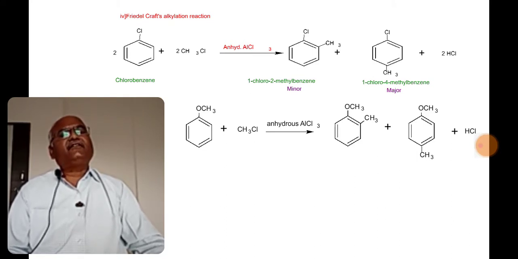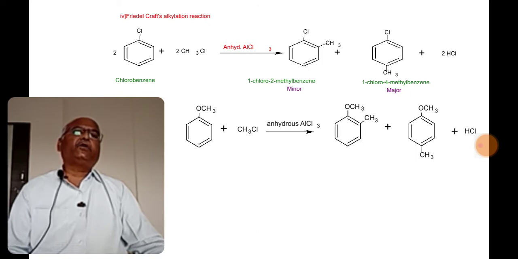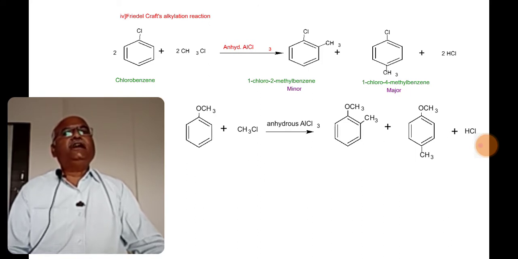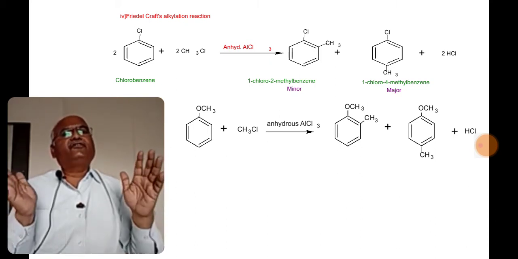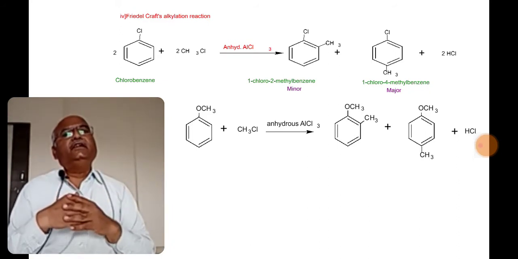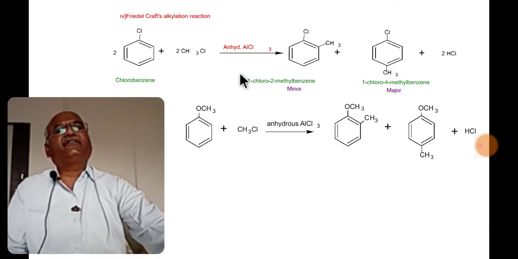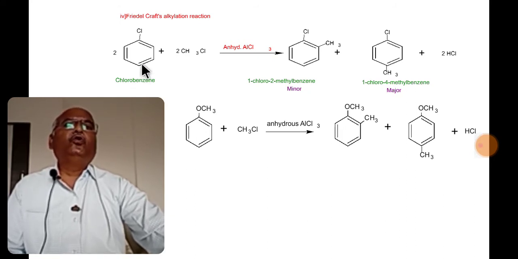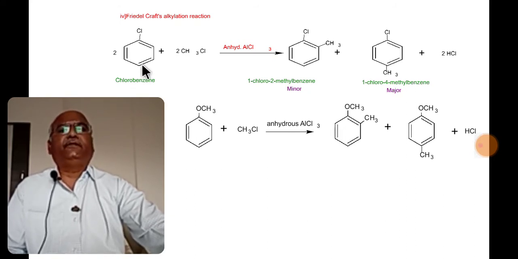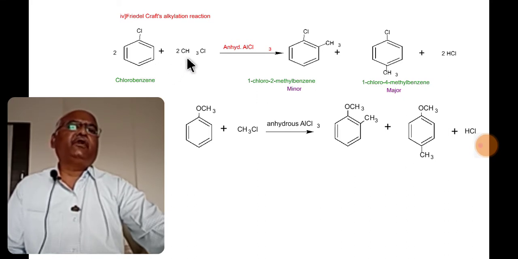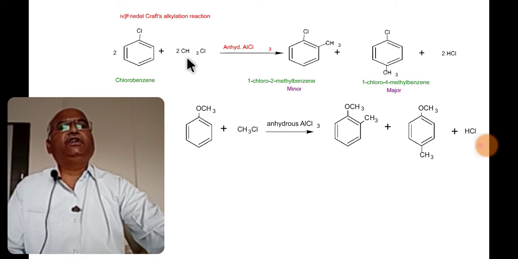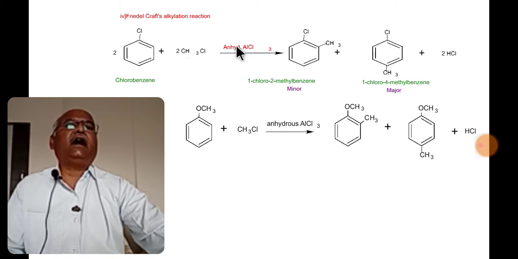In 11th class, in the topic aromatic hydrocarbons, you have studied Friedel-Crafts alkylation and acylation reaction. The same reaction we are going to study once again in case of aryl halide and alkyl phenyl ether. So here in the first example, I have taken chlorobenzene and it is treated with methyl chloride in presence of anhydrous AlCl3.